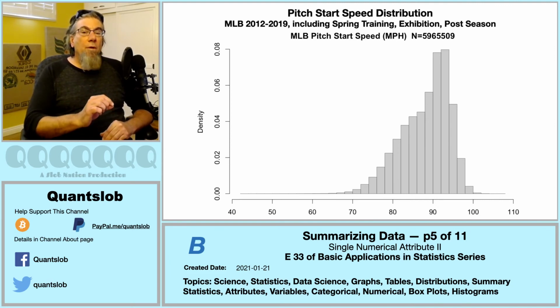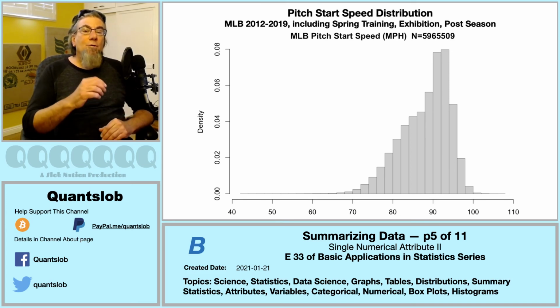The width and location of bins is often handled automatically by the software that we use to render it, or someone used to render it. When we have a crowded domain, that is, our numerical attribute is highly granular or continuous-like, and we have many observations, like here we have well over 1 million, almost 6 million, the choice of bin locations usually doesn't have much impact on the overall shape of the histogram.